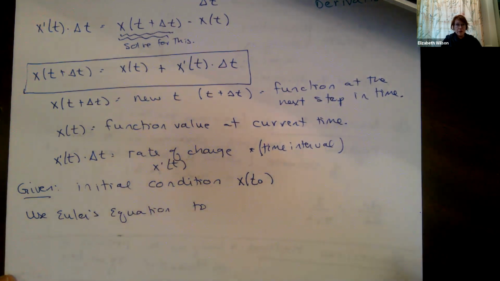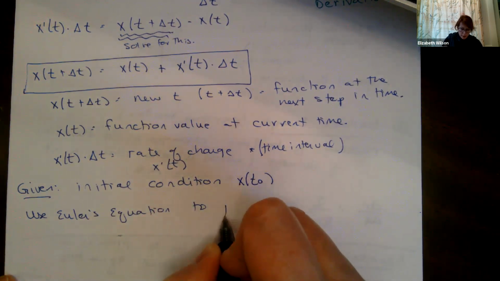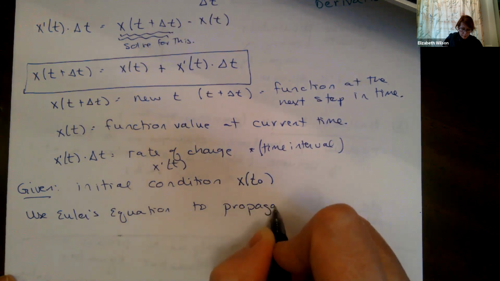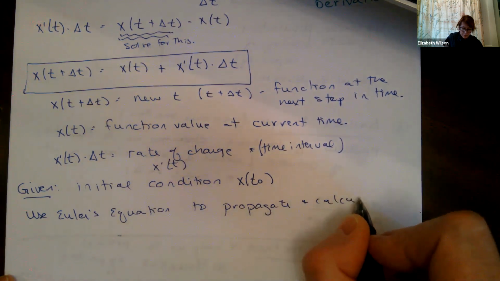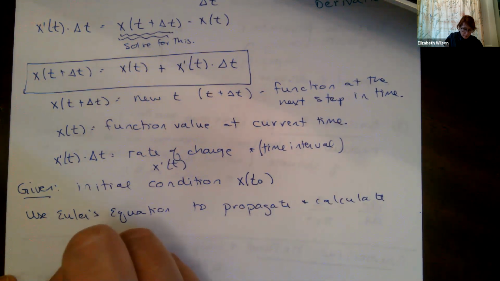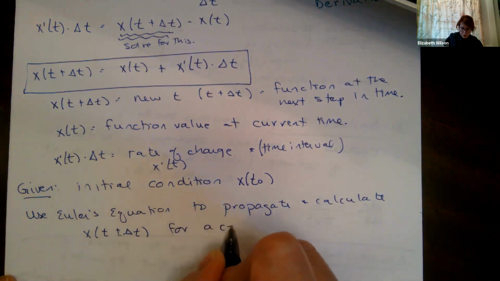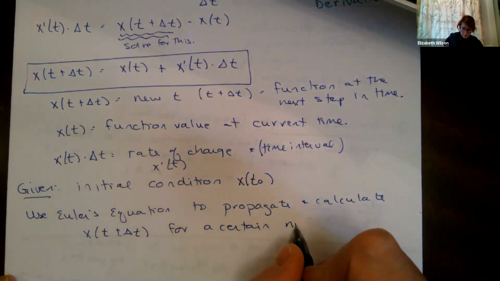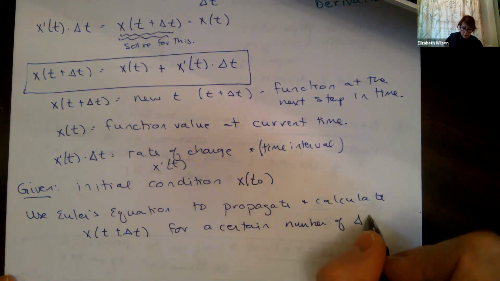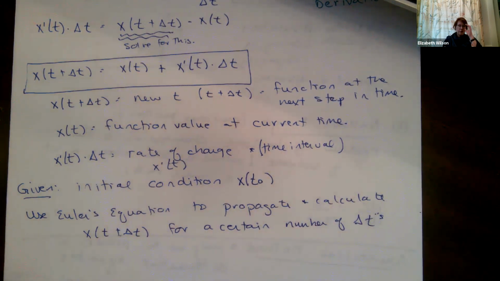We're going to keep calculating for all these delta t values to propagate and calculate x of t plus delta t for a certain number of delta t's. So how fine grained do I want to be? Do I want to check it every hour, or every second, or every nanosecond? That delta t determines how fine grained we are. The finer grained you are, the more detailed your response, the better your simulation.